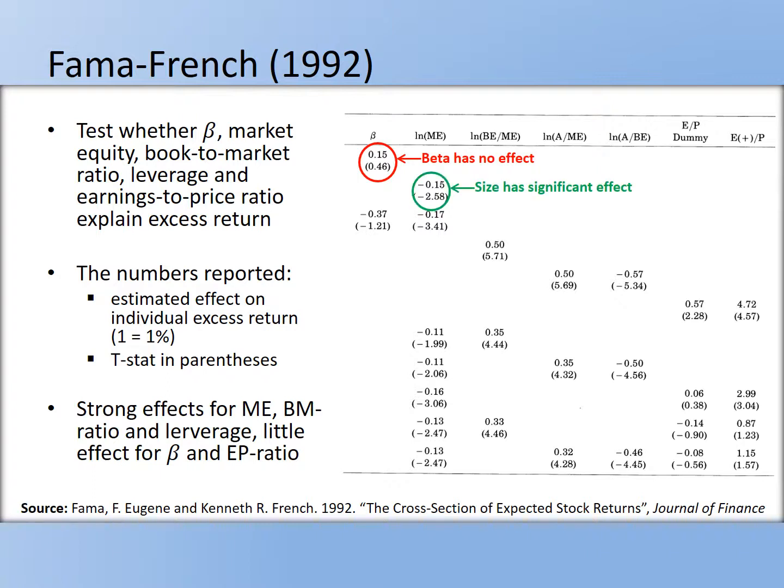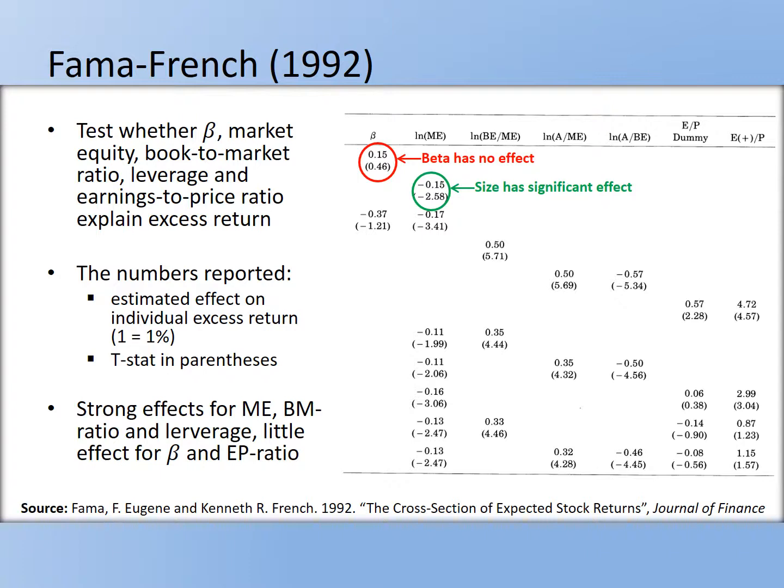Size on its own has a T-stat of negative 2.58, which is very significant, right? The estimated effect is negative 0.15, so that's a 0.15% effect on individual excess return on average. So it's negative, meaning that the bigger the size, the smaller the excess return is.